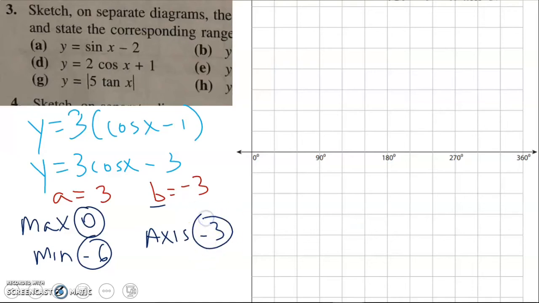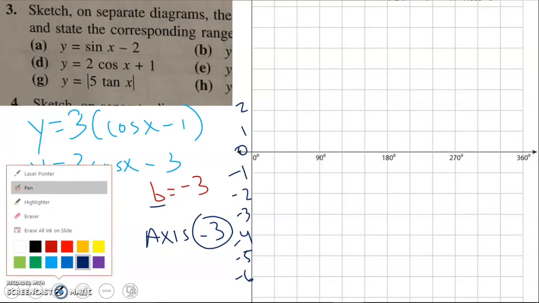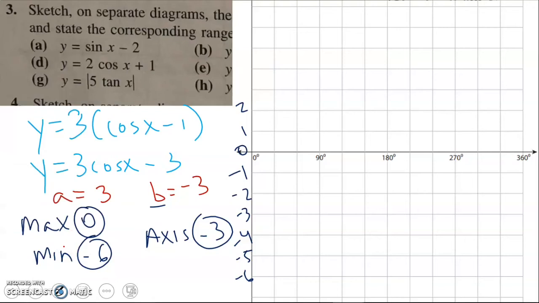So I've got 0 as my max, negative 6 as my min, and axis at negative 3. So here we go. I'm going to have 0, 1, 2, but it's really negative 2, negative 3, negative 4, negative 5, negative 6. Okay? So let's go ahead and place our placements where they're supposed to be.